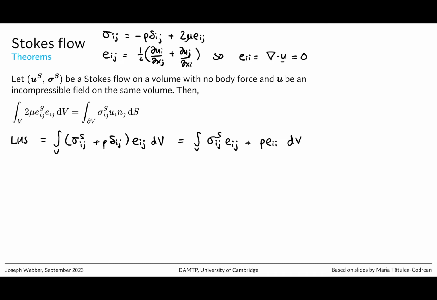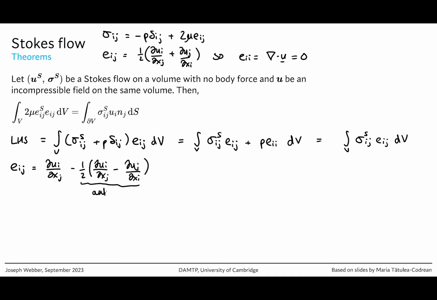Well, this is 0. So the left-hand side is just equal to sigma^S_ij e_ij dV. Right, I'm going to use a slightly clever trick now to rewrite e_ij. So e_ij is equal to du_i by dx_j minus 1/2 (du_i by dx_j minus du_j by dx_i). And it's important to note that this tensor here is anti-symmetric.